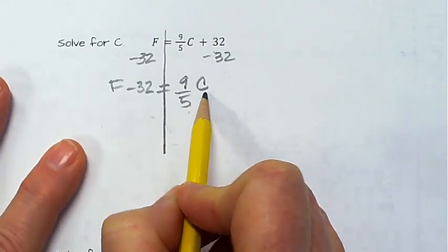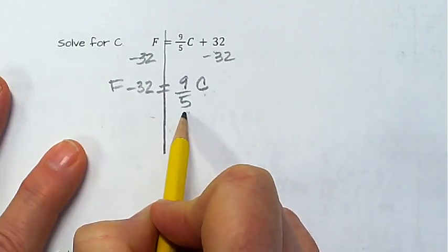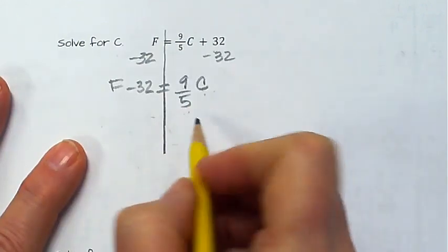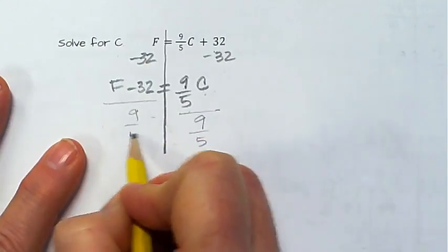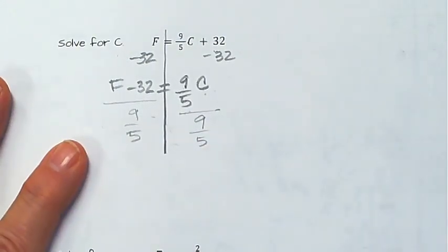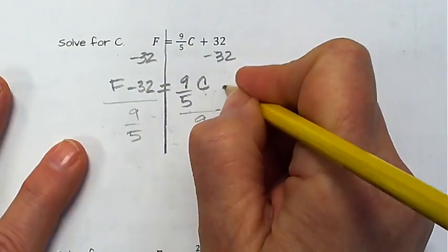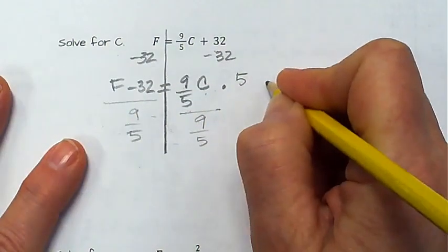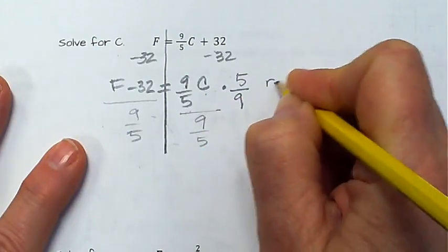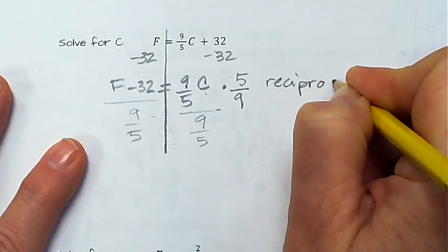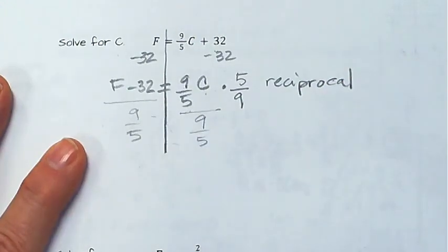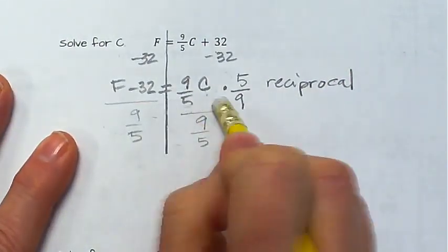But instead of writing this, dividing by 9/5 is the same as multiplying by the reciprocal. So you could write divide by 9/5 on both sides, but it looks a little strange.